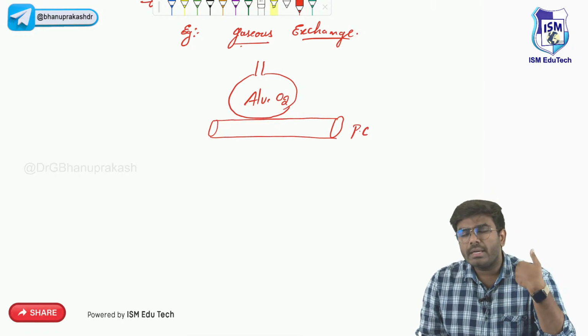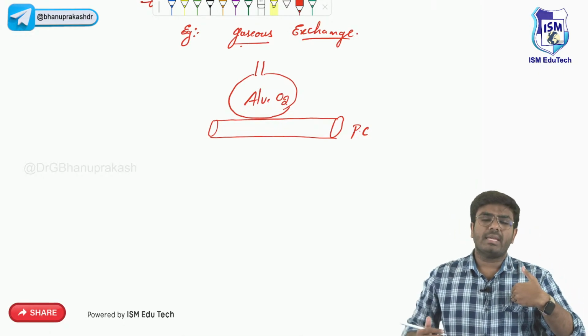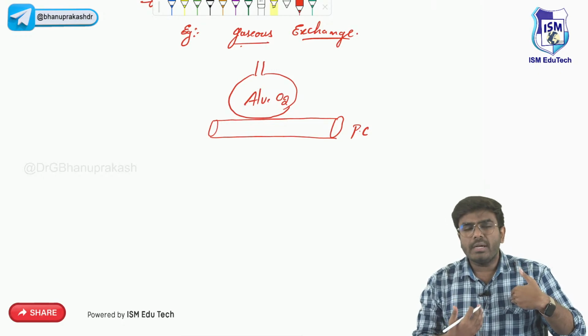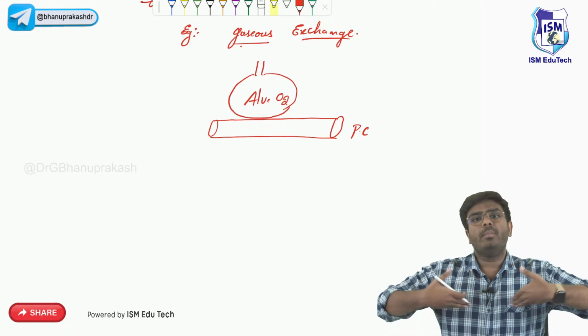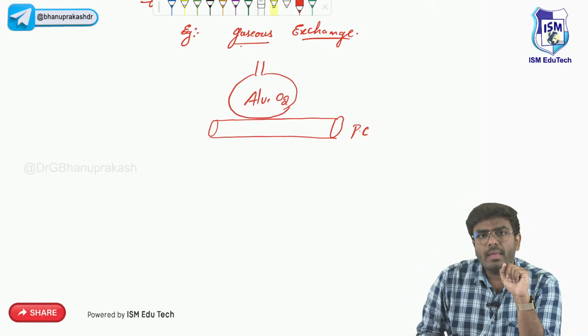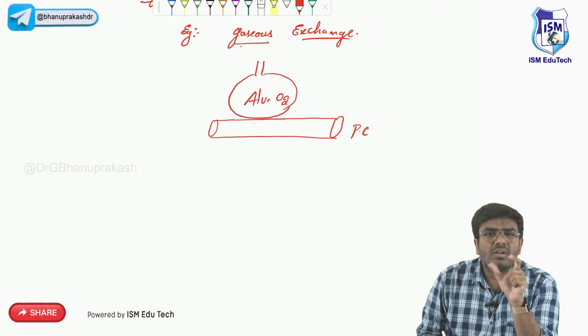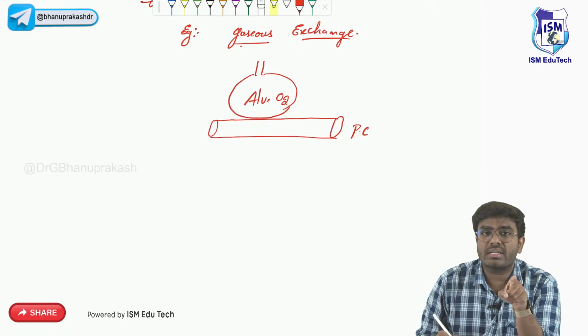You are breathing, right? Oxygen is going to your lungs. Oxygen is going into your alveolus, and at the same time your heart is pumping blood to the lungs. So blood is coming to the lungs in the pulmonary capillaries. Now, in the pulmonary capillaries, oxygen concentration is less.